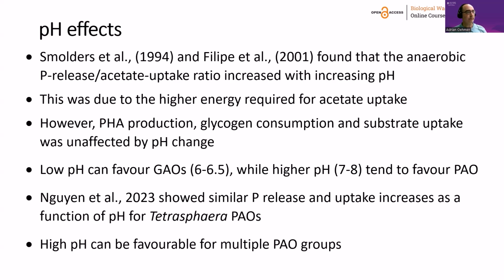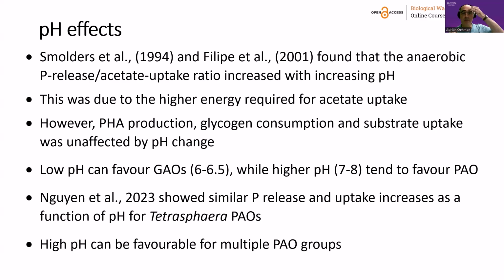Okay, so another factor that impacts EBPR is the pH. So Smolders et al., Filipe et al., they did tests with different pHs and found that the anaerobic ratio of P release to acetate uptake tended to increase with increasing levels of pH.